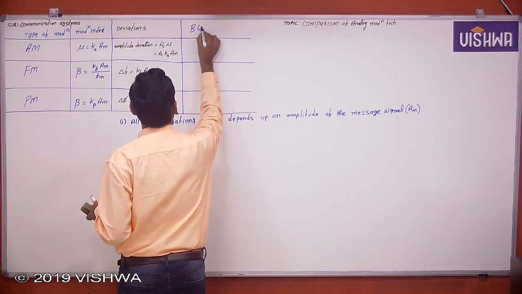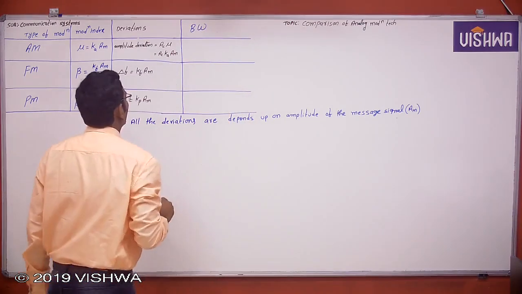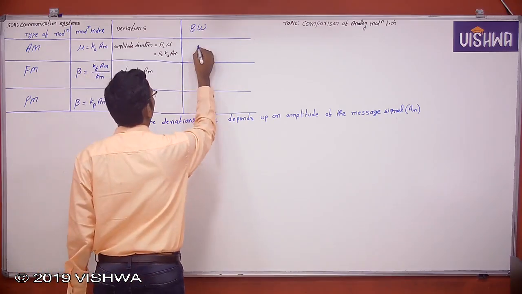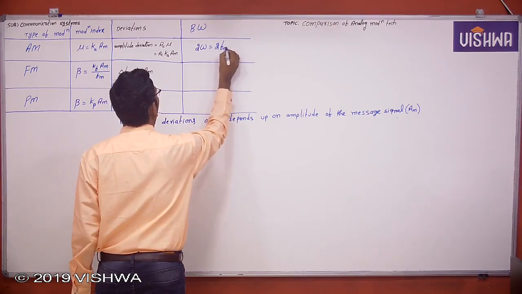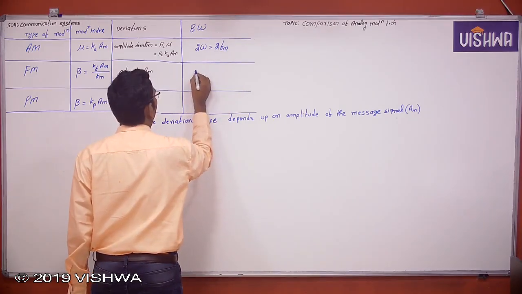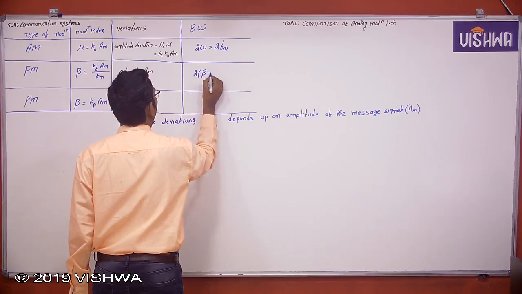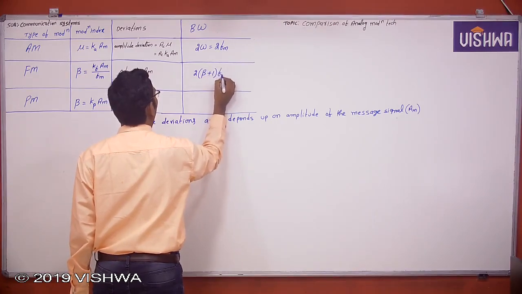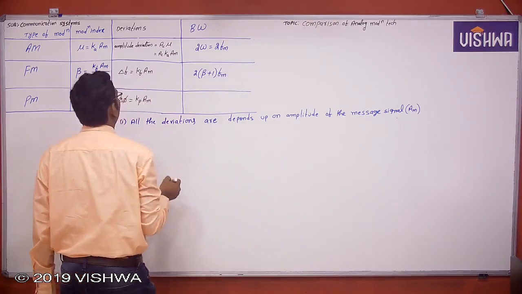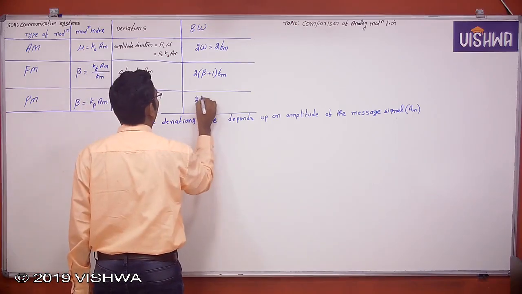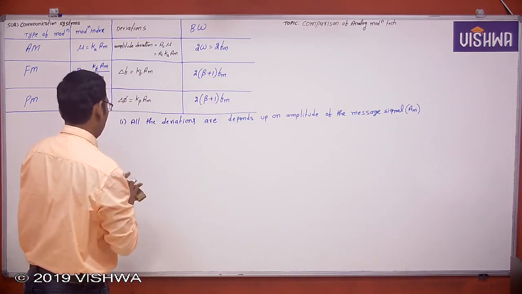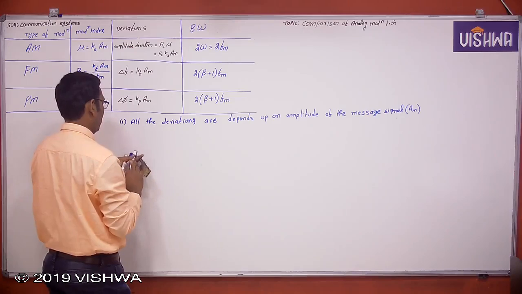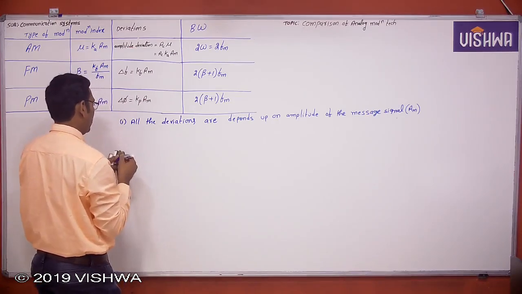Bandwidth. The bandwidth of AM is 2 fm. The bandwidth of FM is 2 into (beta plus 1) into fm. The bandwidth of PM is the same, 2 into (beta plus 1) into fm. So what should we observe here?